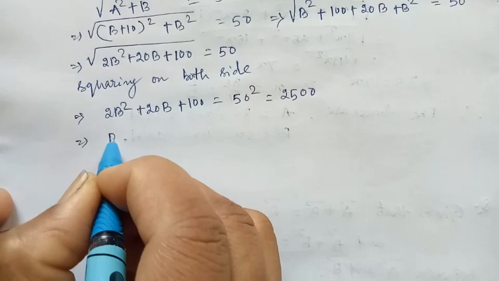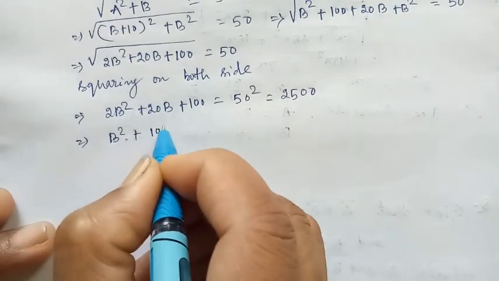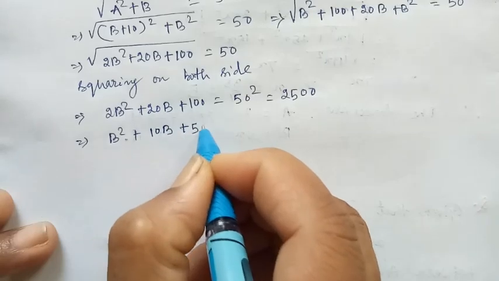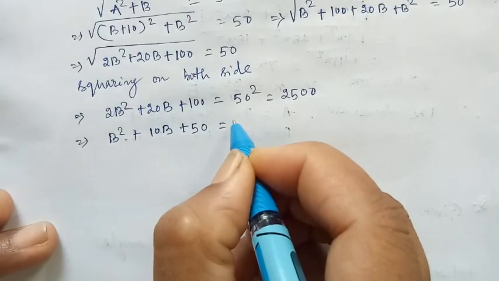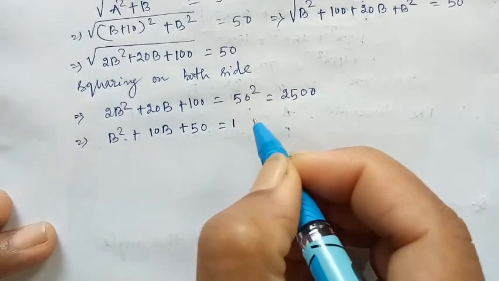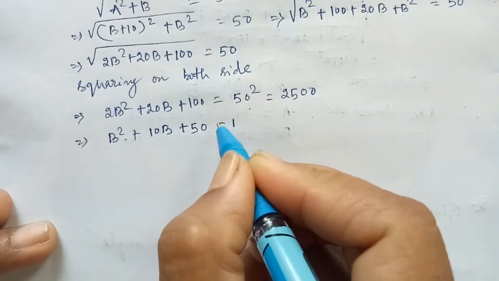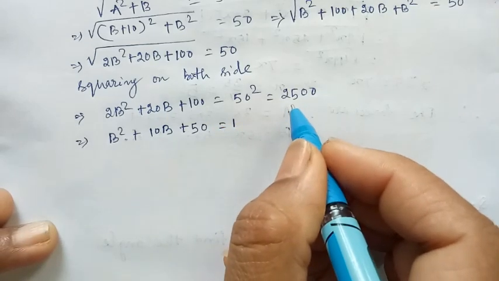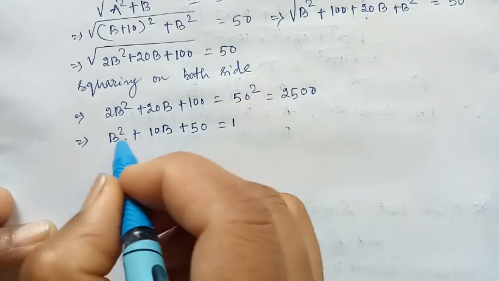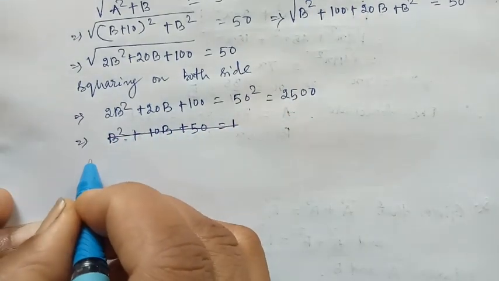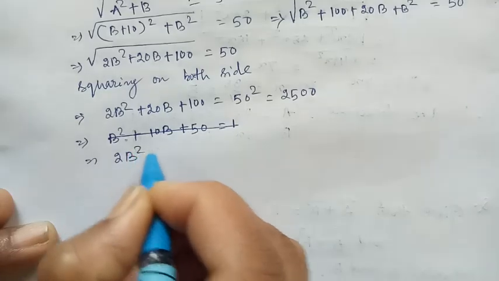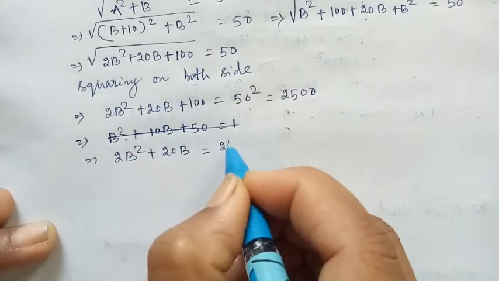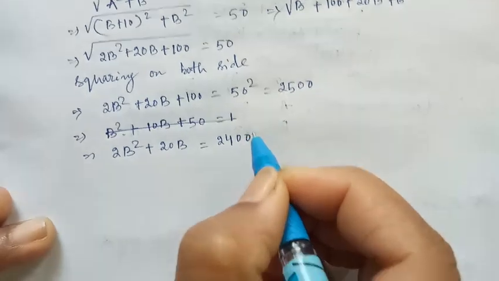So B square plus 10B plus 50 is equal to, how much? Sorry, 25. Okay, so that implies 2B square plus 20B is equal to 2400.